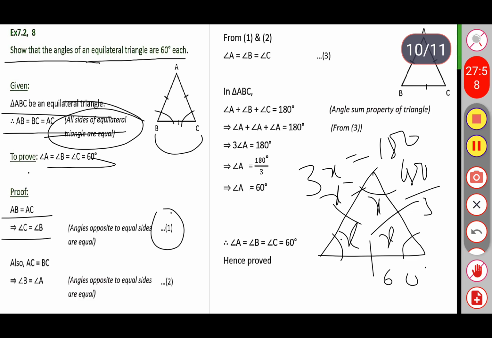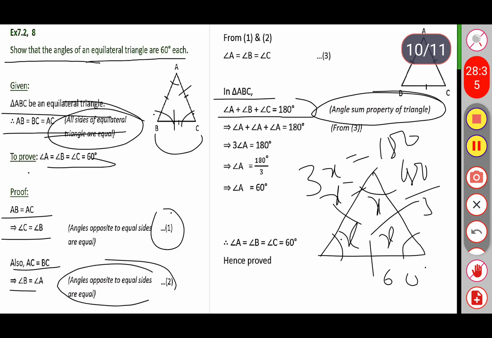Next one, AC is equal to BC. If AC is equal to BC, then the opposite angle for BC is angle A, right? So these are the opposite angles for the equal sides. From equations 1 and 2 we can say that in triangle ABC, angle A plus angle B plus angle C is equal to 180 degrees, because the angle sum property of the triangle is 180 degrees.